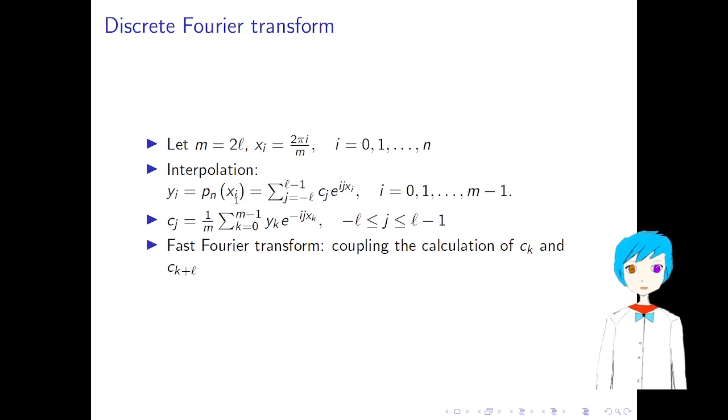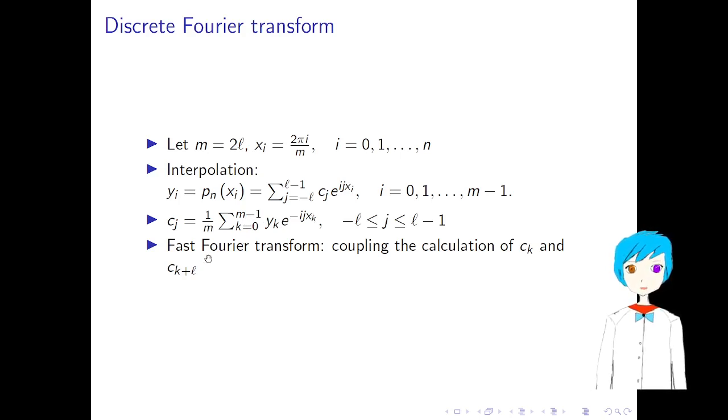If we define the function Pn of x to be the summation over j, for j goes from minus l to l minus 1, Cj e to the power ijx, then we can show that yi equals Pn of xi as long as Cj equals 1 over m times the summation over k, for k goes from 0 to n minus 1, yk times e to the power minus ijxk.